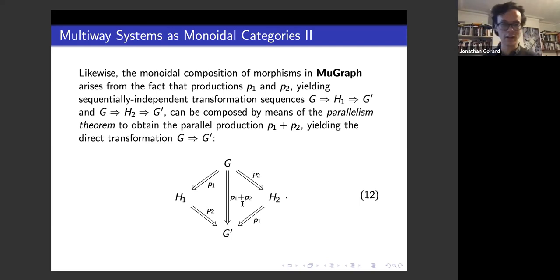It's not particularly difficult to show that these operations satisfy the requisite associator, unitor, symmetry, and isomorphism properties that you need to get a symmetric monoidal category. And with a little bit more effort, you can show that taking hypergraph duals gives you a way to induce a compact structure.